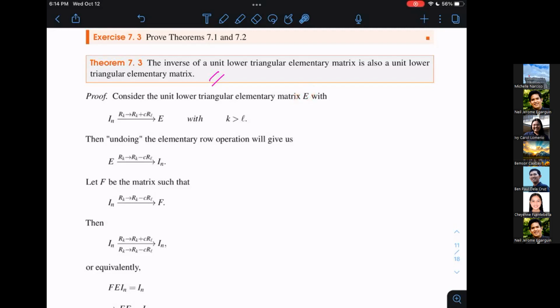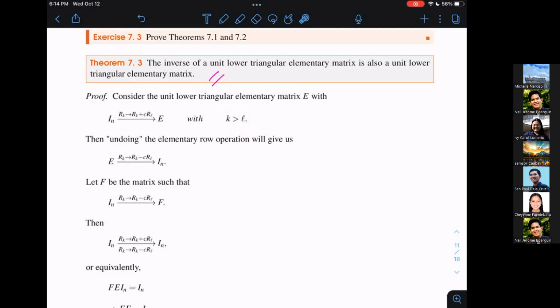Okay. So, kung meron ka ng unit lower triangular elementary matrix E, ibig sabihin si E ay nanggaling sa identity matrix coming from row translation. Okay? With k greater than l. So, ipagpalagay natin na yung elementary row operation na yun ay Rk replaced by Rk plus cRl.